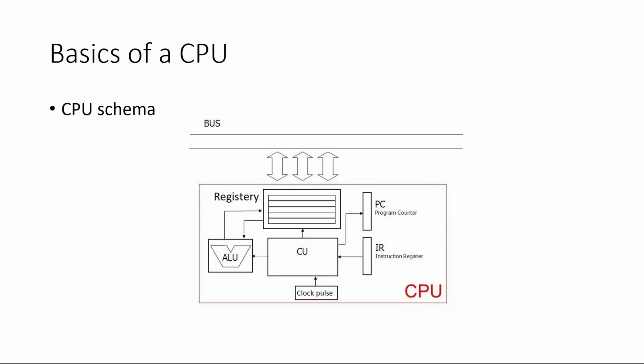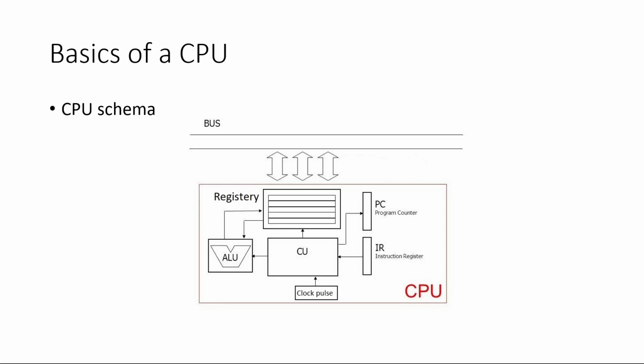This is a schema of a CPU. As you can see, the CPU fetches data from the bus into its registers. This CU that you see here stands for control unit. This ALU stands for arithmetic logic unit.